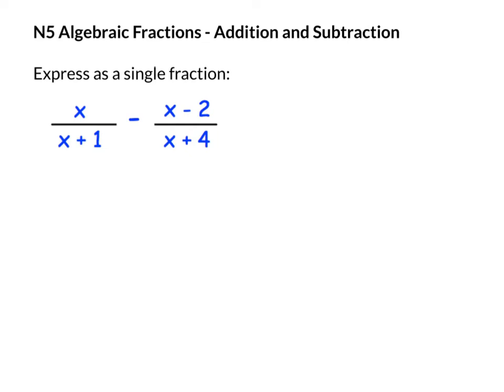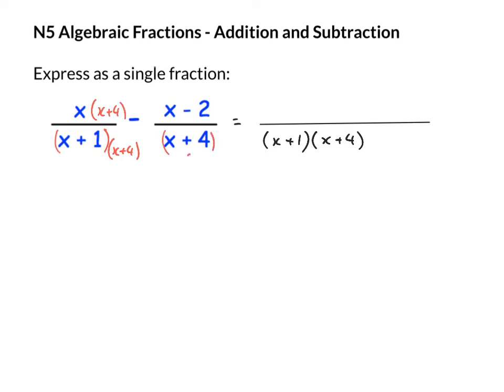Right, one final one. Again, it looks intimidating, but it's not. All we've got to do is consider what our common denominator is. So this is all going to be over: I need a factor of x plus 1 on the bottom, and I need a factor of x plus 4. So I will get that by taking the first fraction and multiplying the top and bottom by x plus 4.